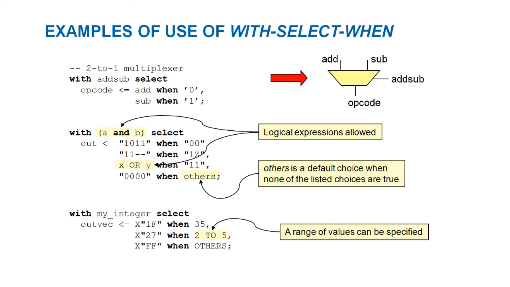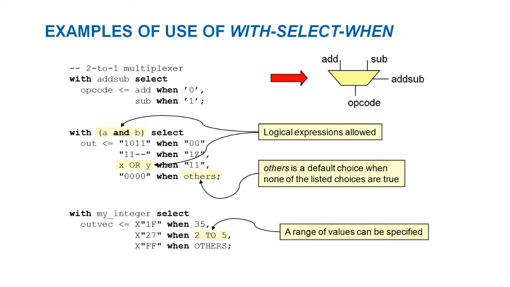We also have another example here that says with A and B select. So here we have a logical expression based on the fact that signal A is 2-bit and signal B is also 2-bit. So when we combine these two signals together in a logical expression, what values should be assigned to the output out?